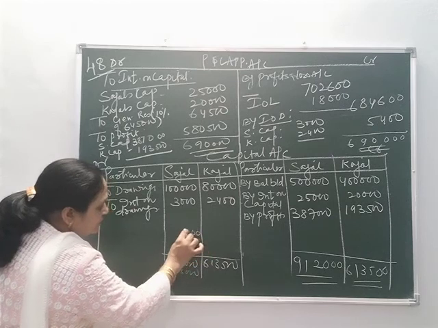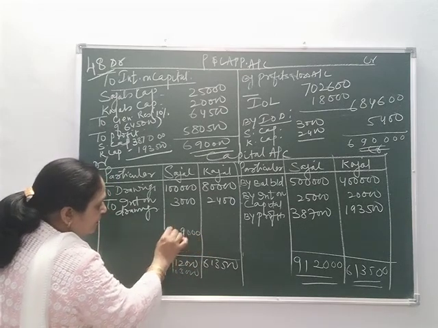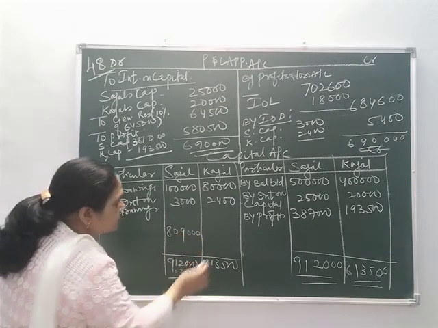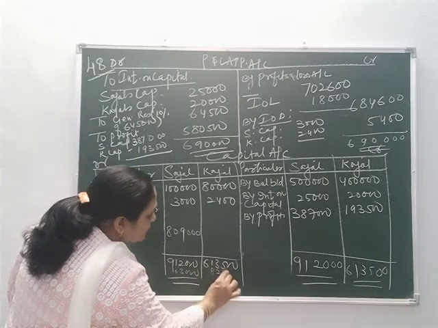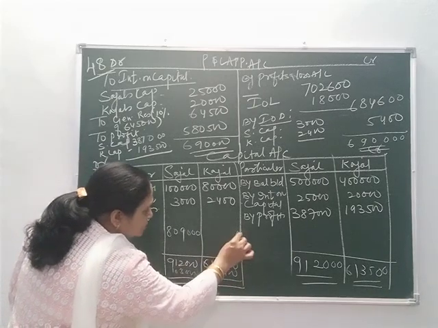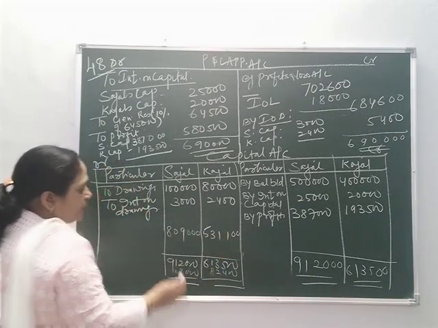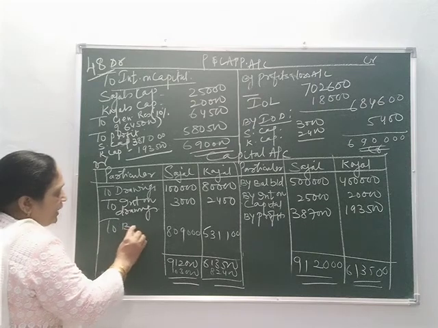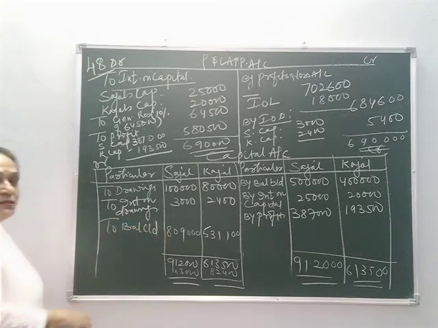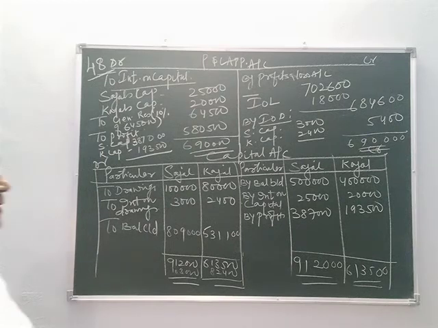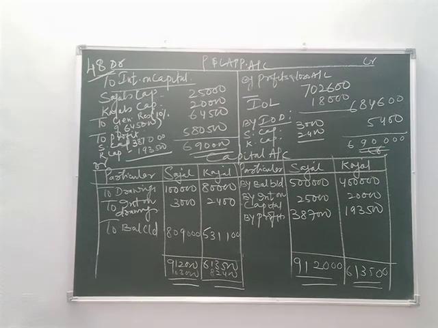So 8,09,000 and 82,400. Okay, this is your balance carried down. This is how we complete the question by balancing the capital accounts also.